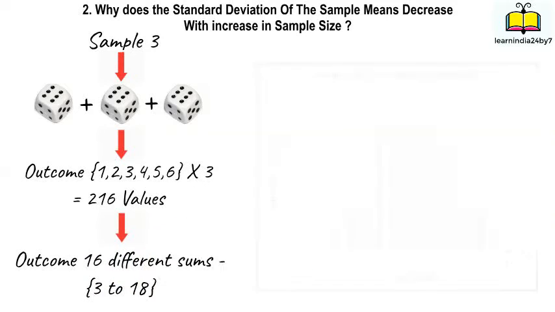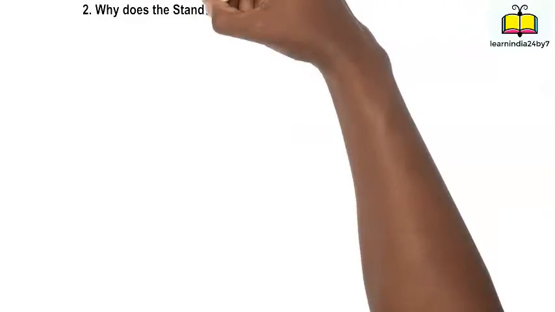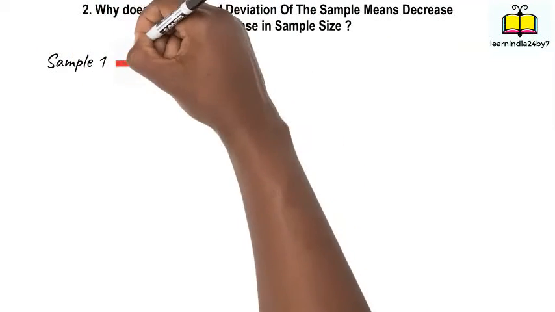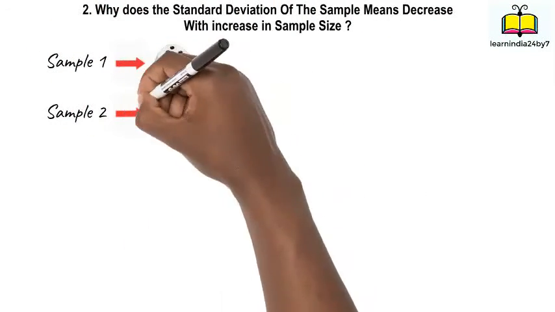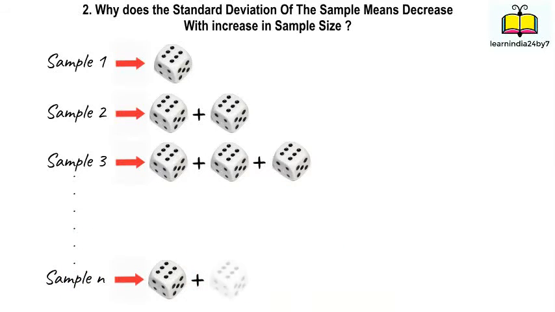The probability distribution of 3 dice rolls is shown here. It is not quite obvious, but summing 3 dice has a greater concentration of probability in the center of the graph than the sum of 2 dice. And this process would continue if we kept rolling additional dice.